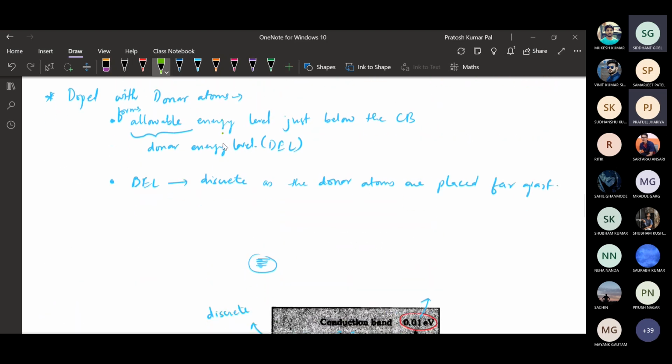So there are some donor atoms or impurities, we can call it. There are some examples of donor impurities that we should know. Donor impurities are also called n-type impurities.